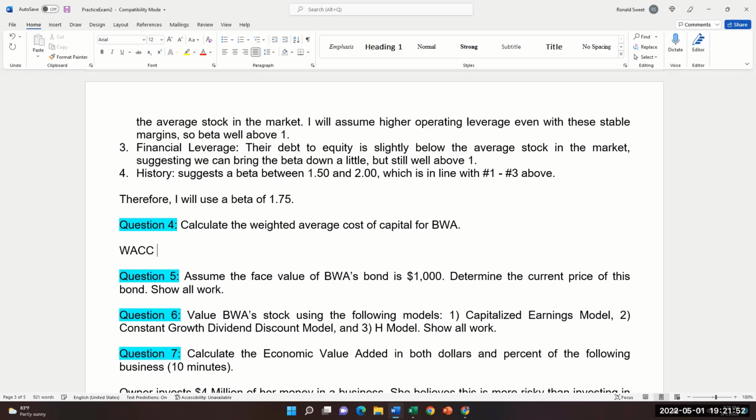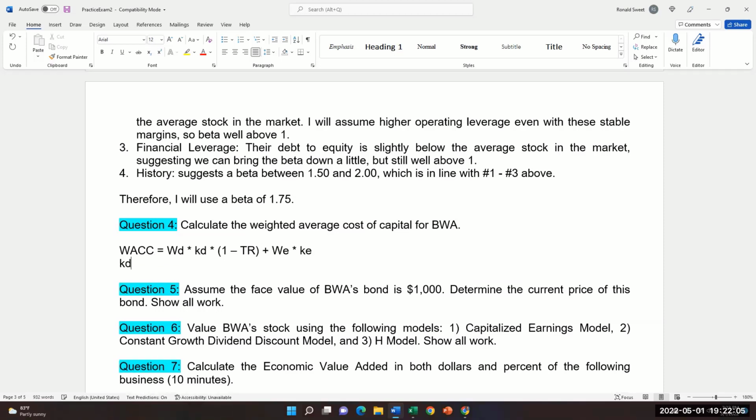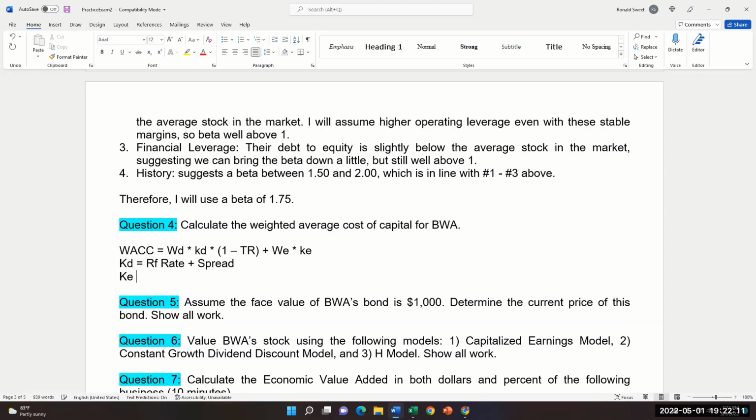So WACC equals the weight of debt times the cost of debt times 1 minus the tax rate, plus the weight of equity times the cost of equity. Cost of debt equals the risk-free rate plus the spread, and cost of equity equals the risk-free rate plus beta times the market risk premium.